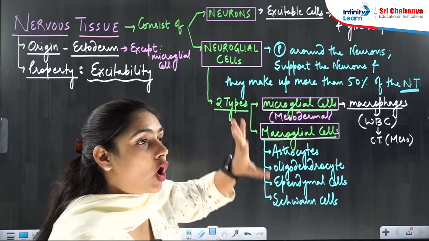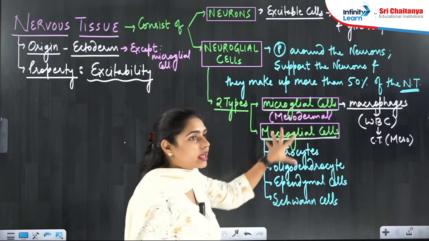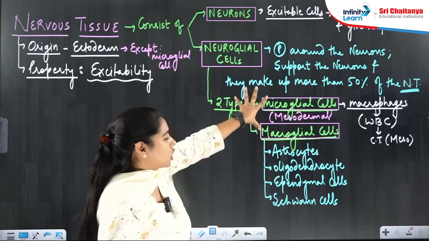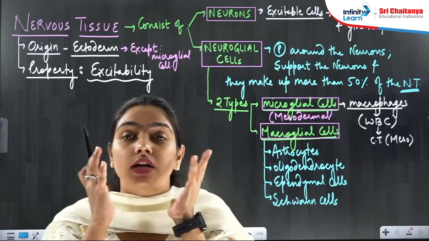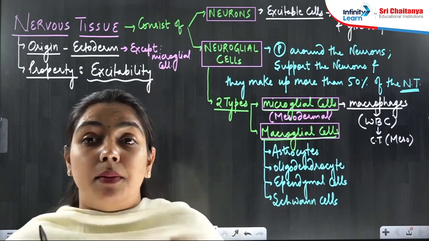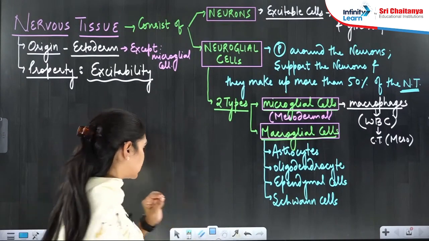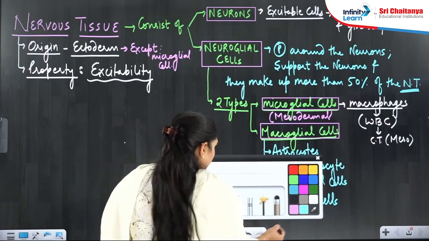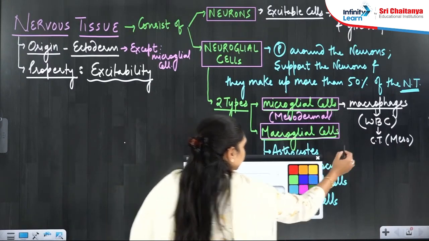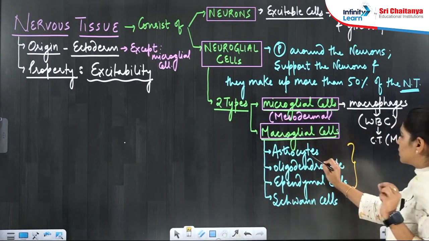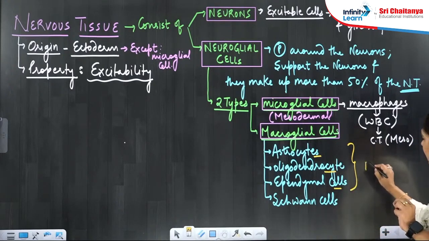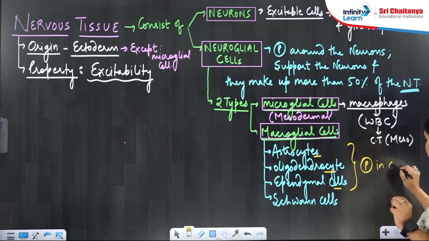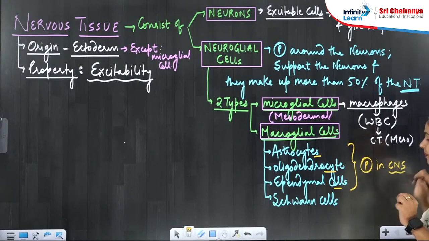Okay. Now all these cells are present in the nervous system, in your central nervous system and in your peripheral nervous system. But there are some differences. These 3 cells, astrocytes, oligodendrocytes, ependymal cells, are present in your central nervous system.